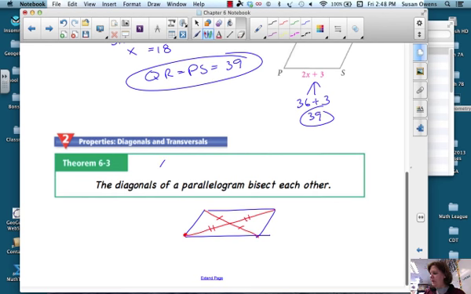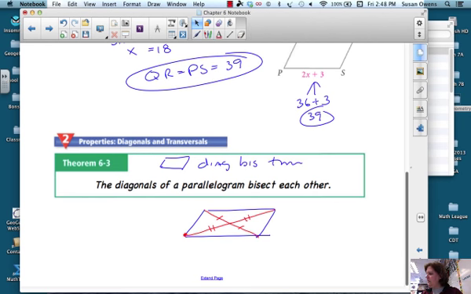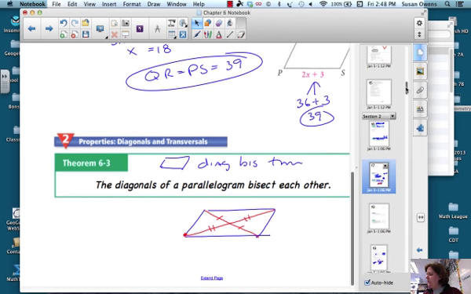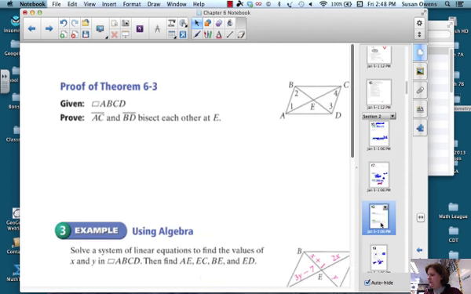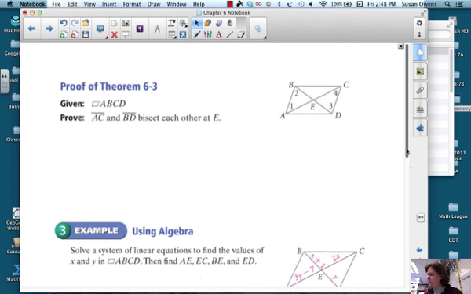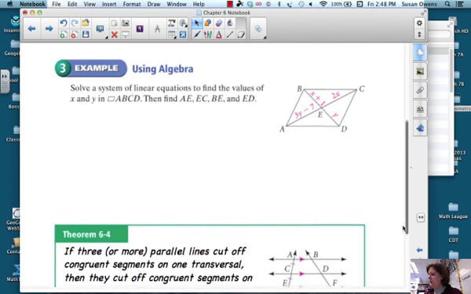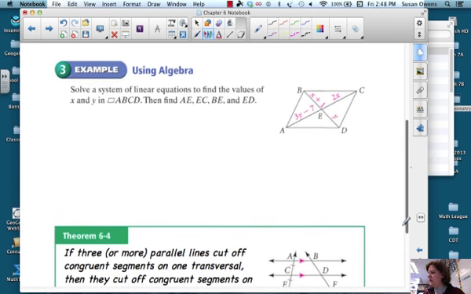So this one is parallelogram, diagonal, bisect theorem. And I believe I have one more. So again, that one will be proved in class. And I will do the system one too, since it's a pretty quick example.